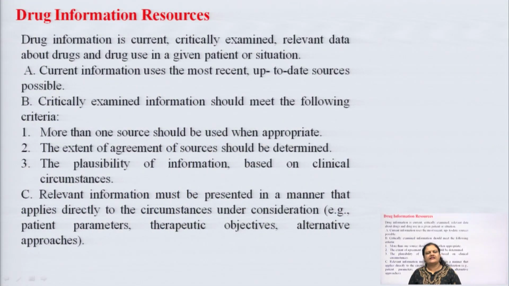Before going to the types of drug information resources, students, you should know what exactly the term drug information means. As pharmacy people we are dealing with drugs. You already know the word drug, D-R-O-G-U-E, comes from Latin and Greek, and drug means a crude or raw form that has pharmacological or therapeutic potential.